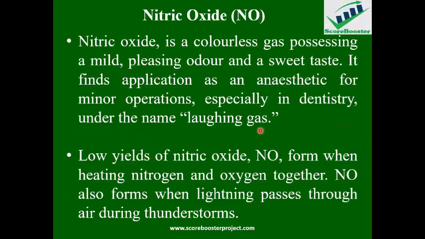Nitric oxide is a colorless gas with a pleasant odor and sweet taste. It is very useful, especially in medical practice, where it is used as anesthesia. Anesthesia is used when somebody wants to be operated on.